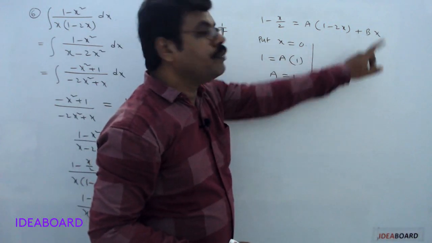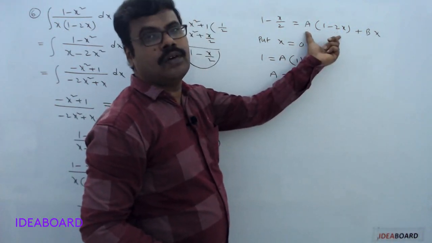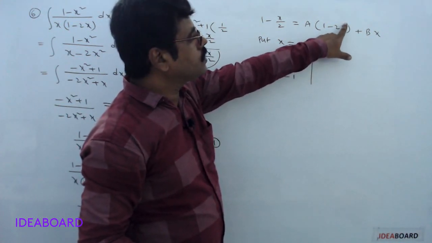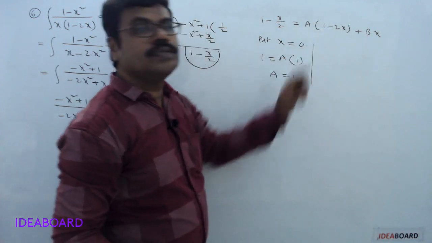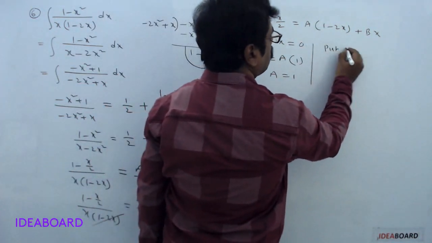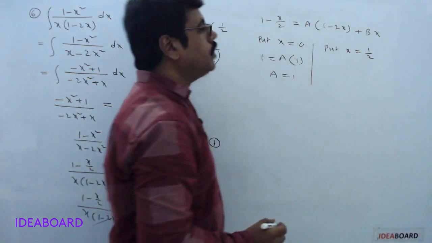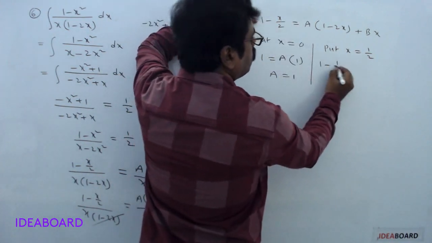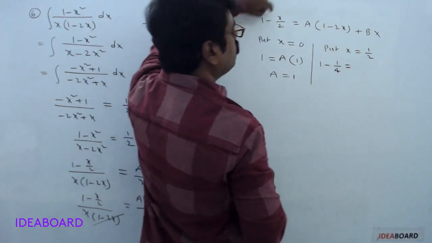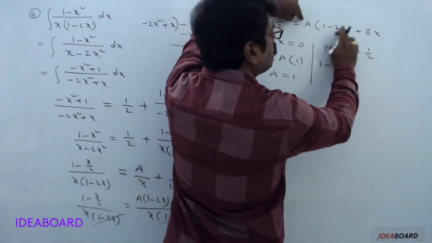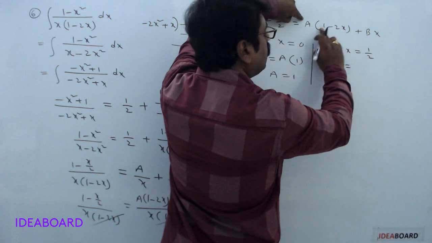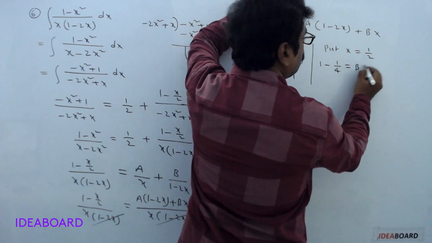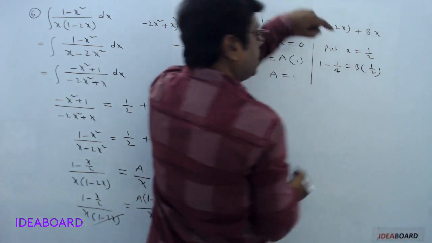To calculate the value of b, make the first term 0. For that, substitute x equals 1 by 2. If you substitute x is 1 by 2, then it will be 0. Now come to this LHS value. 1 minus 1 by 2 divided by 2, it is 1 by 4, equals a into 1 minus 2 into 1 by 2, 2 will be cancelled, 1 minus 1 is 0, a into 0 is 0, plus b into x value is 1 by 2.